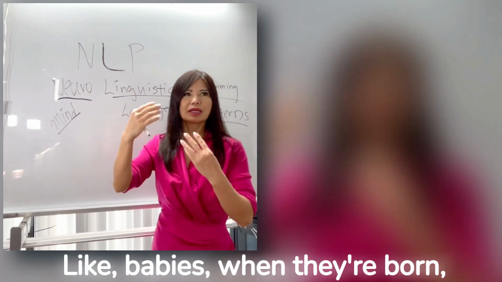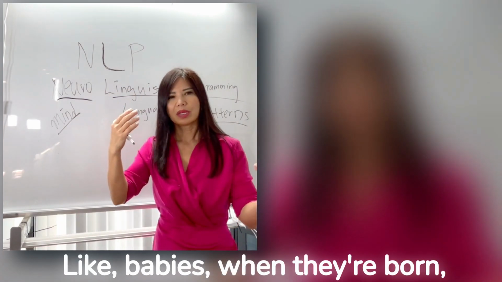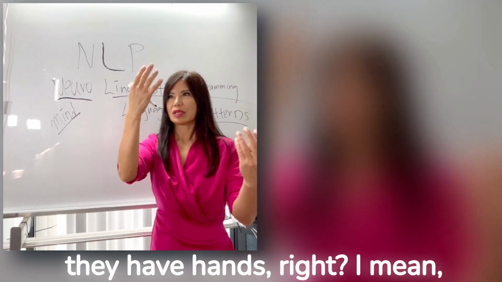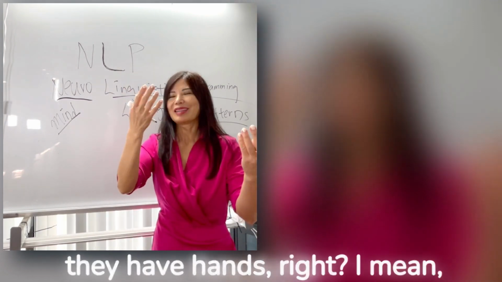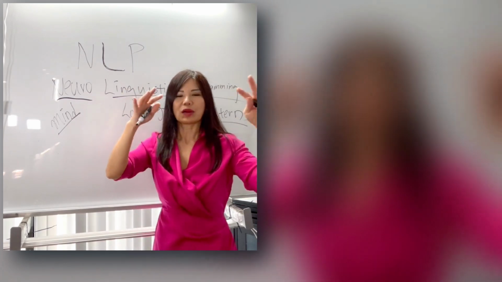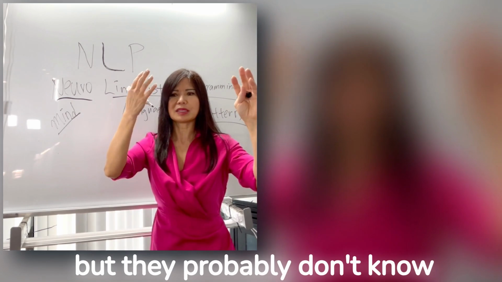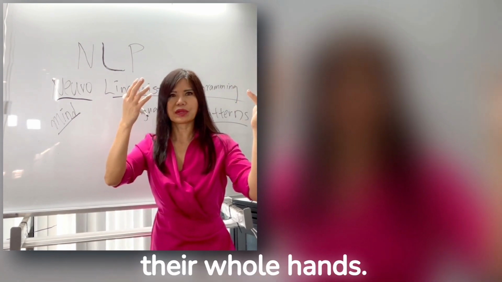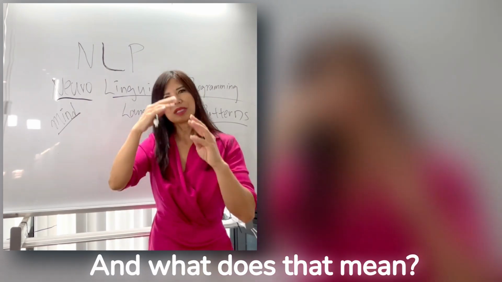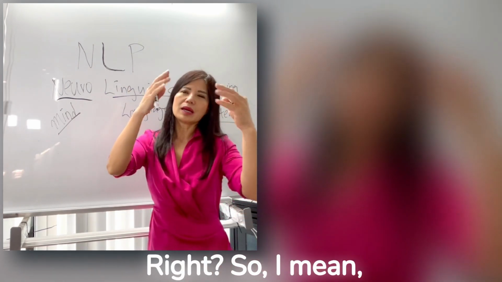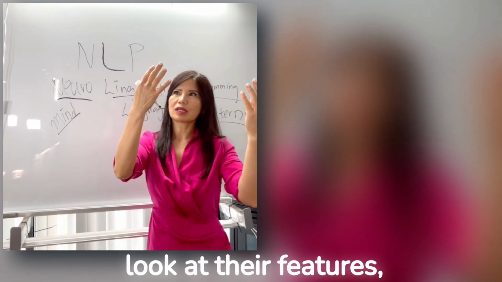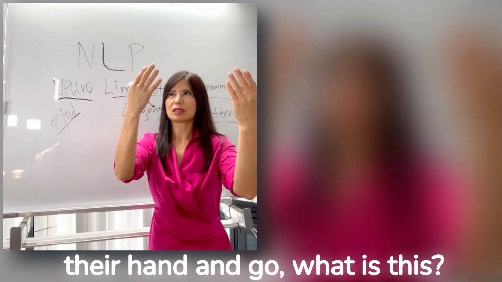What does that mean? Like babies, when they're born, they probably don't even know they have hands, right? They probably know the hand moves, but they probably don't know they're called hands. Have you ever noticed the baby will look at their hand and go, what is this?